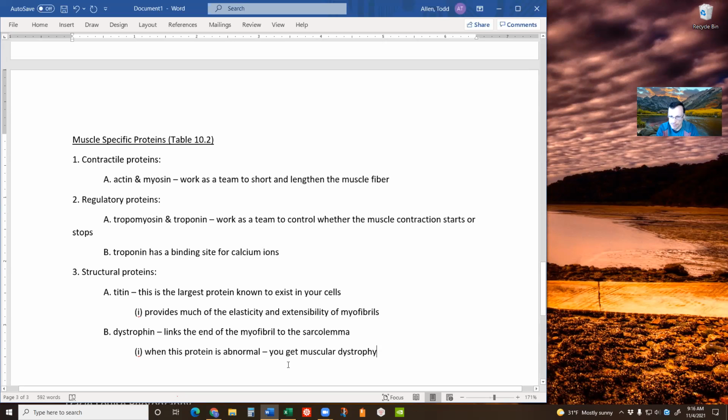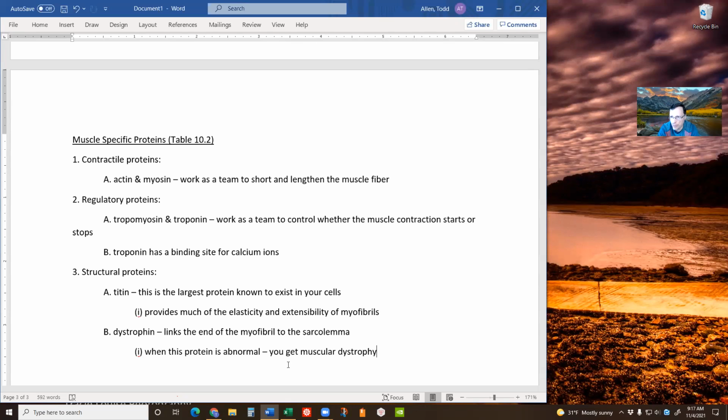Quick little story. When people think muscular dystrophy, they might think about one specific disease. Muscular dystrophy is not a single disease, it is a family of diseases, because geneticists have identified over 50 different mutations in the dystrophin gene that produce 50 slightly different versions of the dystrophin protein, which give you 50 slightly different versions of muscular dystrophy.